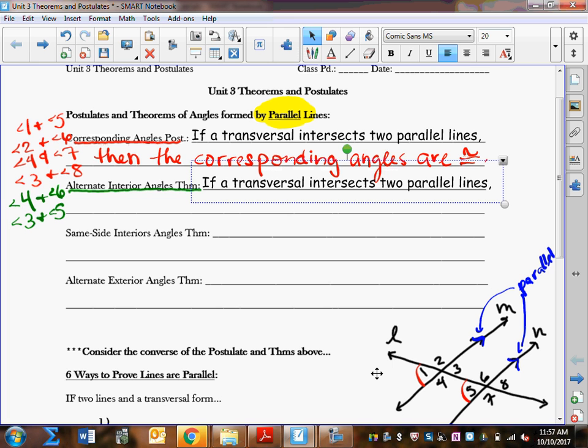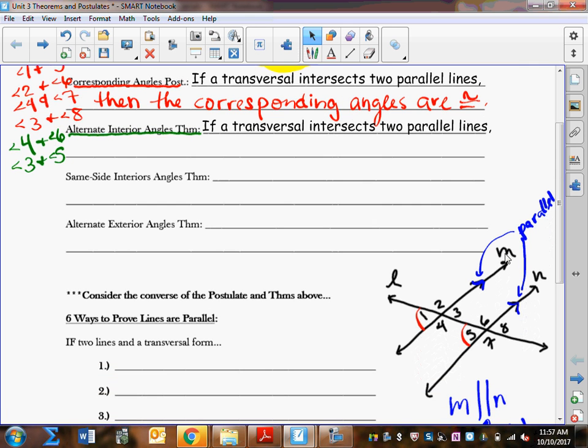If a transversal intersects two parallel lines, then alternate interior angles are, and I want you to discuss with your shoulder partner what you think they're going to be.